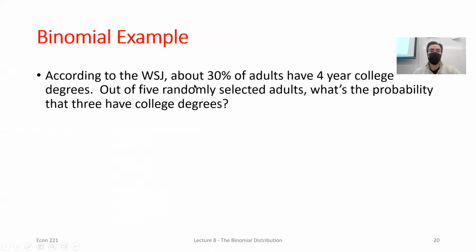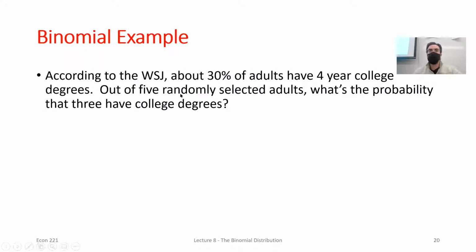So let's say we have this example where we had exactly 5 adults selected, and we were asking each adult if they had a college degree. We know from some data that the probability any one adult in the US has a 4-year college degree is 30%, or a probability of 0.3. Then let's say we want to find the probability that exactly 3 people out of those 5 have a college degree.